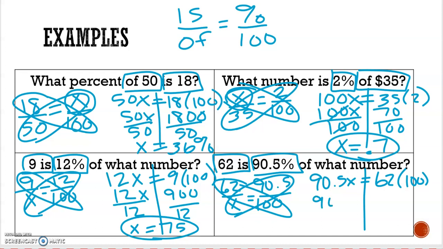So 90.5X equals 6200. Oops, I did that again. There we go. Just 6200, not 62,000. And then we're going to divide both sides by 90.5.